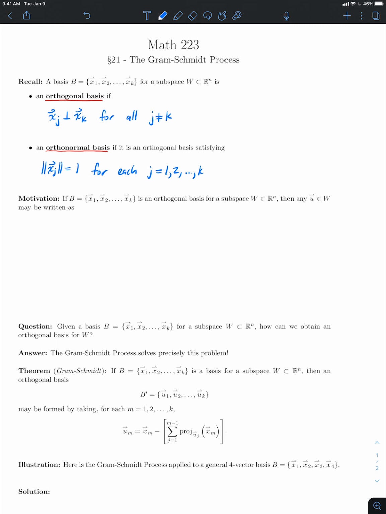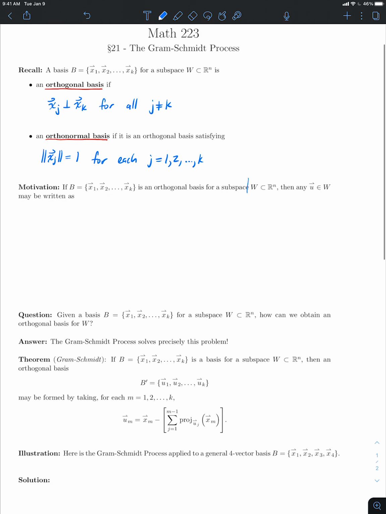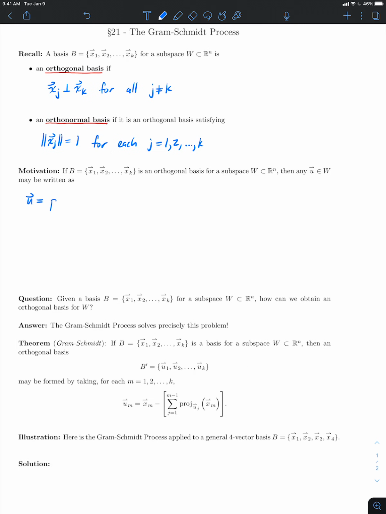And remember, what's the key feature of an orthogonal basis? If you have an orthogonal basis, B, for a subspace W of Rn, and you start with any vector u in W, you can decompose it in the following way: as the projection of u onto x1, plus the projection of u onto x2.